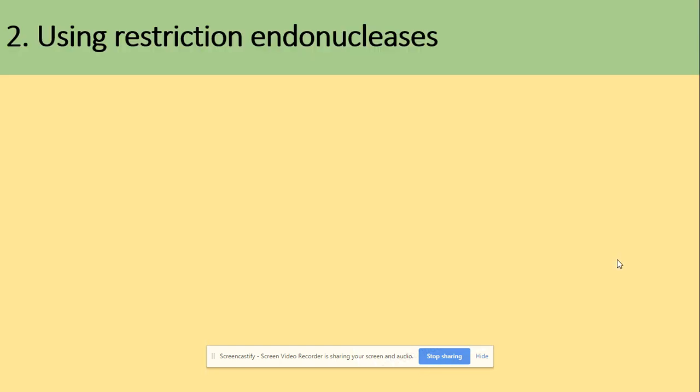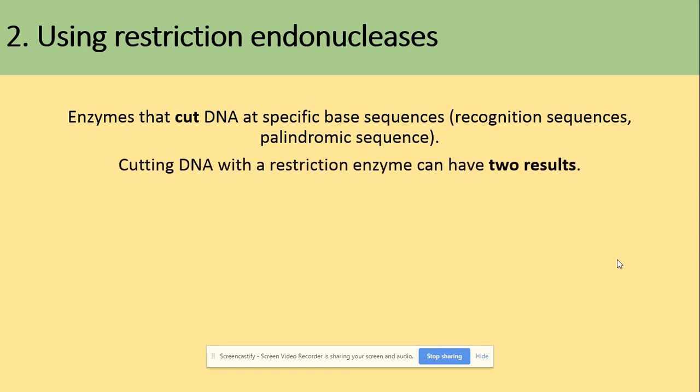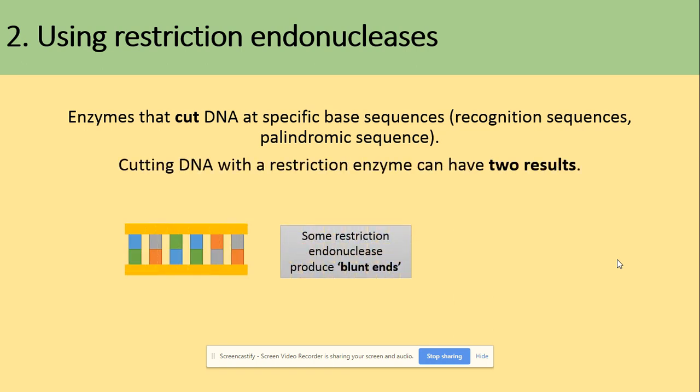Second idea of isolating a gene is using restriction endonucleases. So those are the enzymes that can cut DNA. So we can cut DNA at specific bases. We call them palindromic sequences or recognition sequences. So we can get 2 results of this cutting.